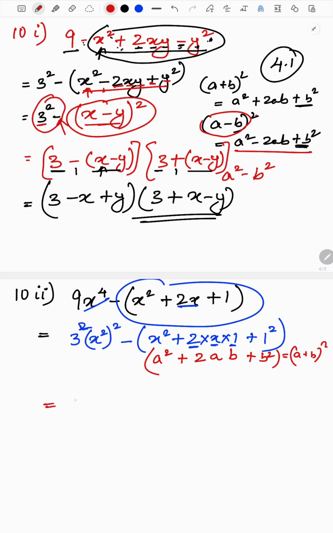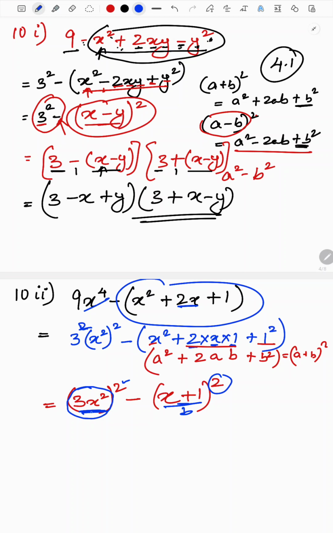So in the next step I will write 3x square whole square minus, this a square plus 2ab plus b square is x plus 1 whole square. So you see, now again the question has turned itself into a square minus b square. This 3x square is a, x plus 1 is b.